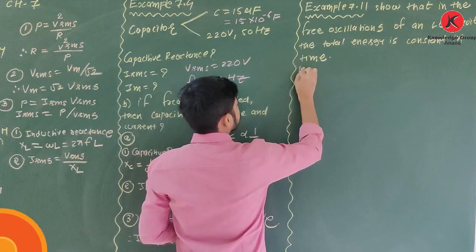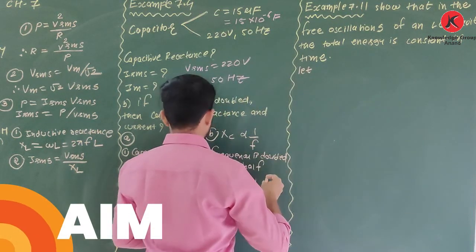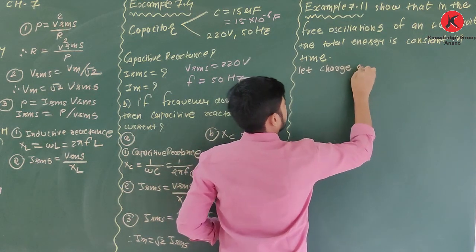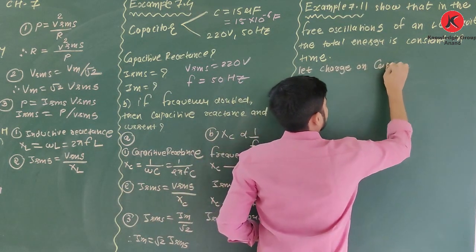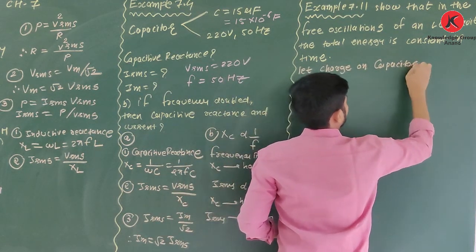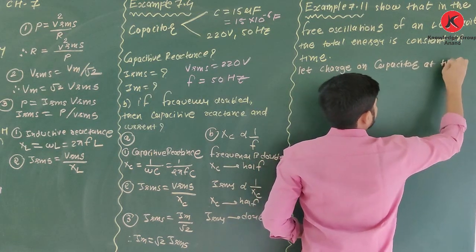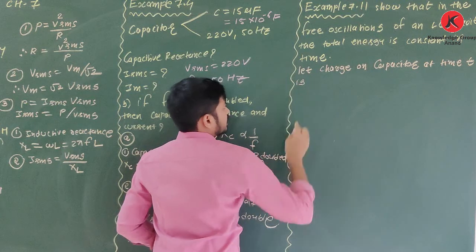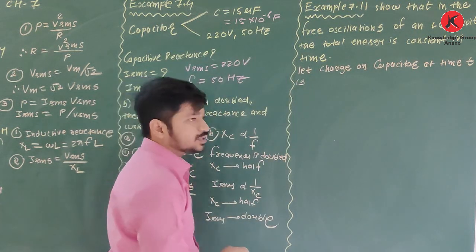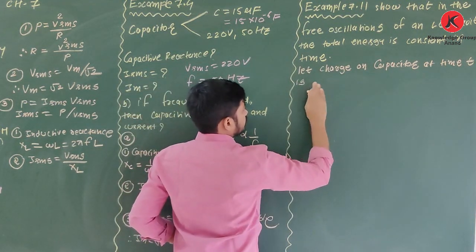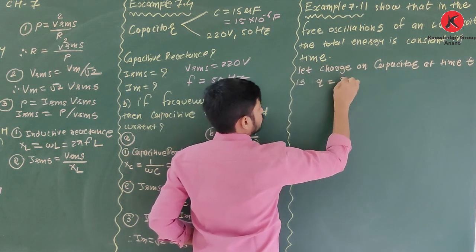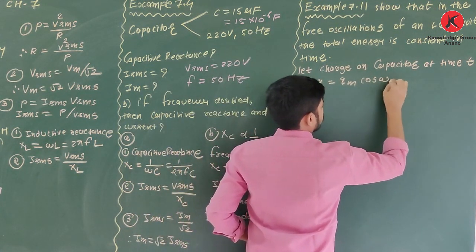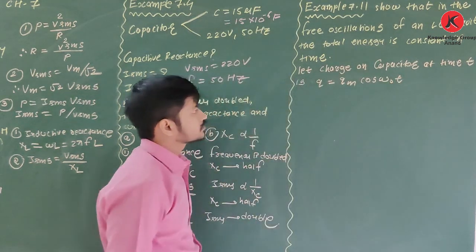Let the charge on the capacitor at time t be Q is equal to Qm cos omega 0 t.